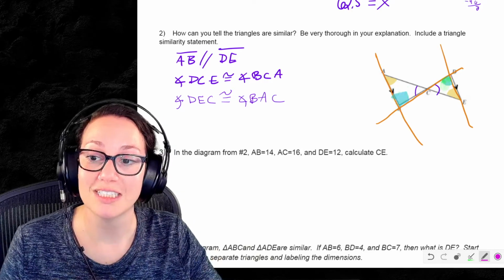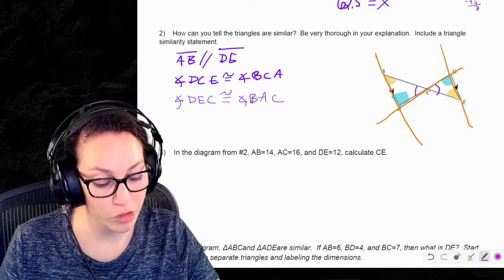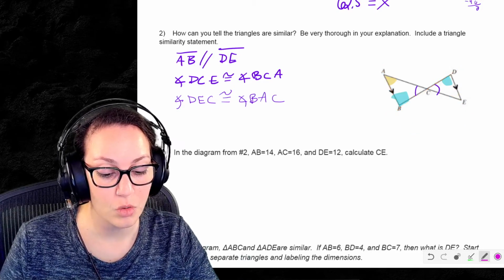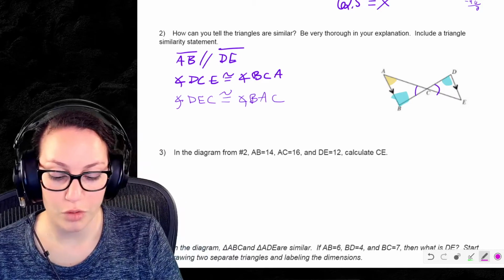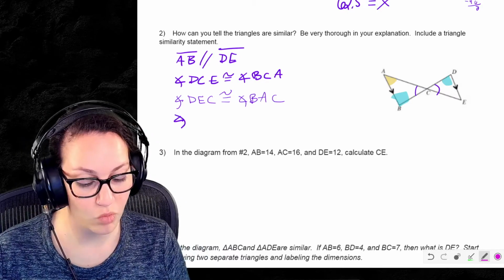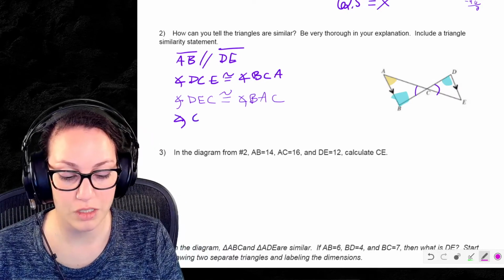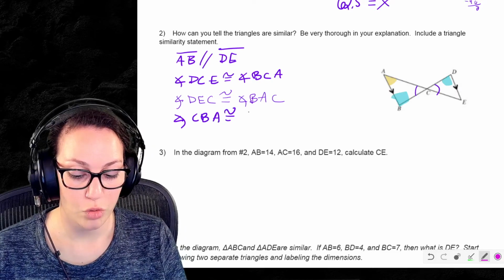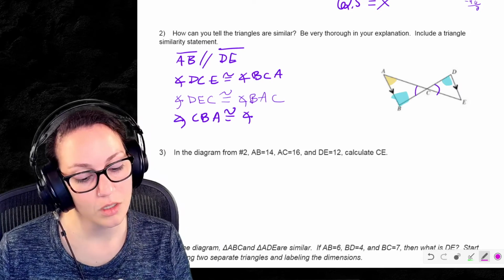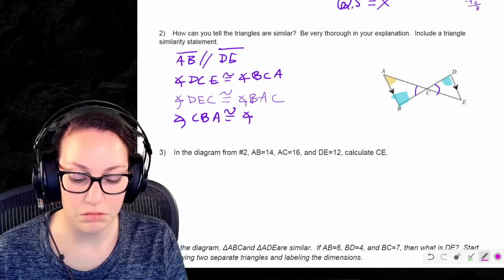So they are alternate interior angles again. And since our lines were marked as parallel, we can say that those angles are also congruent. So those angles, we would want to name them. Angle CBA is congruent to angle CDE.